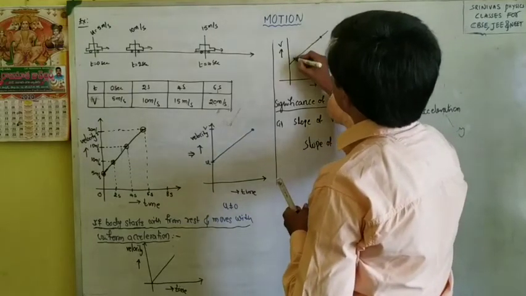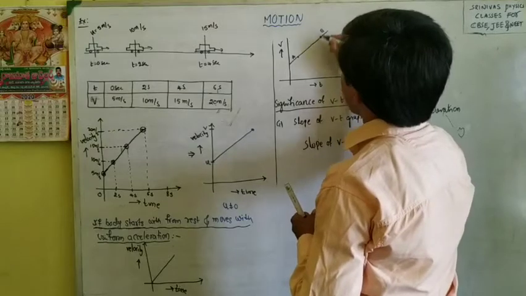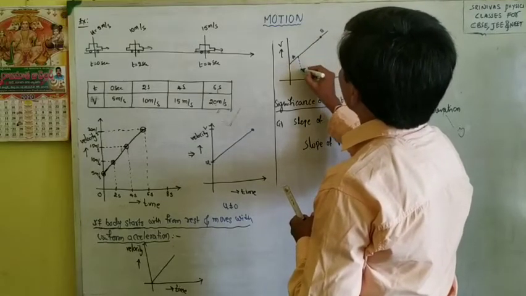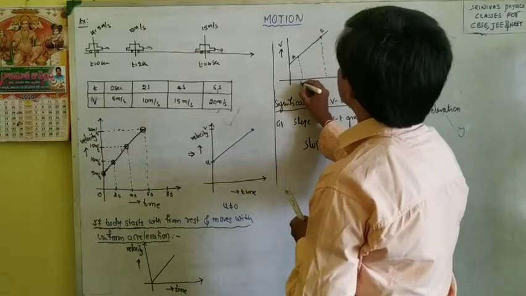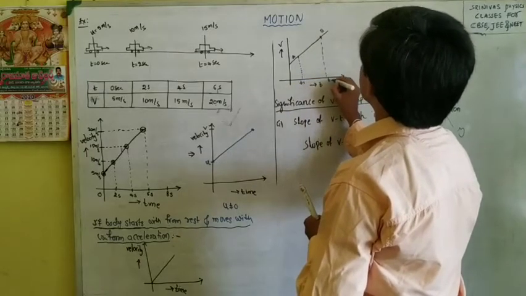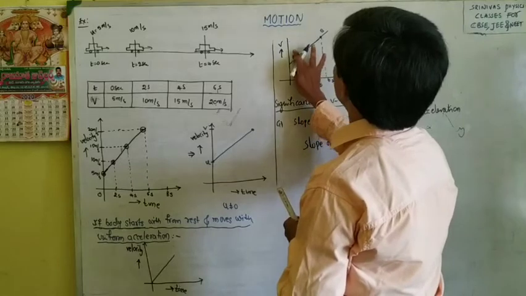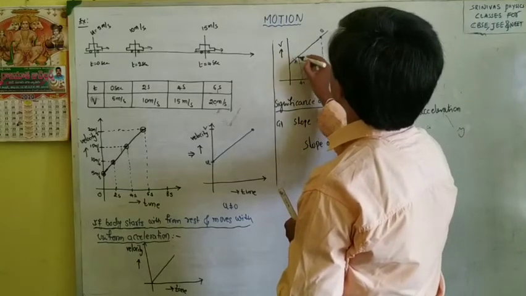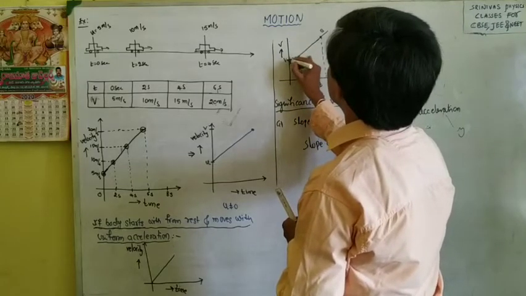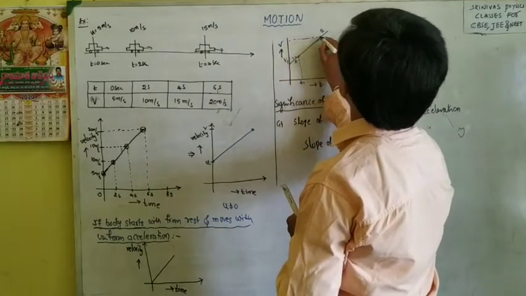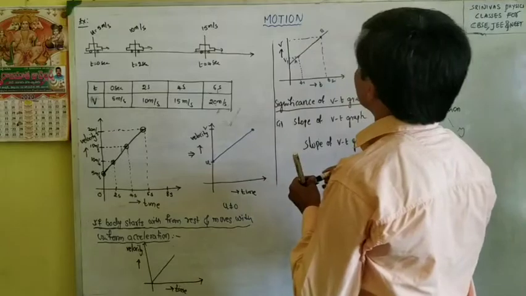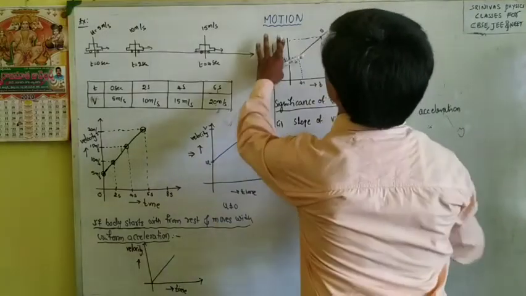This point is A and this point is B. We have drawn the vertical lines here. This will indicate T1, this will indicate T2, and now the corresponding values of velocities. At time T1 the velocity is V1, at time T2 the velocity is V2, right? And this is the velocity time graph.